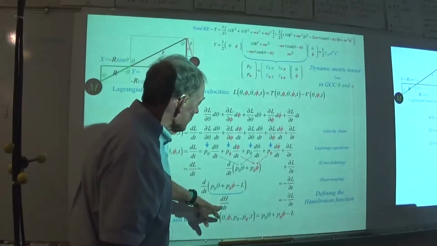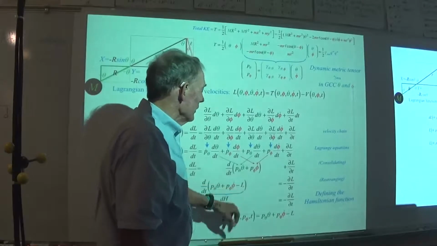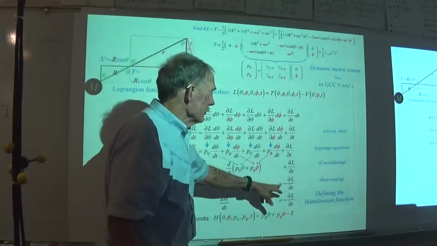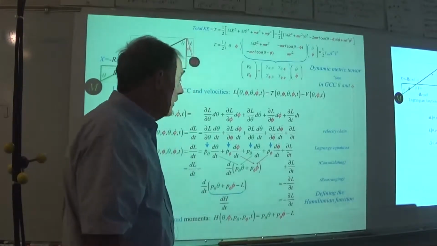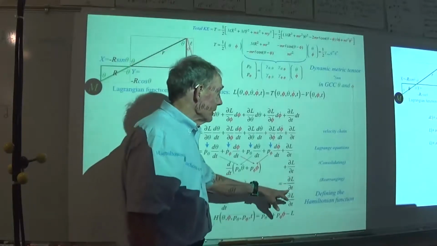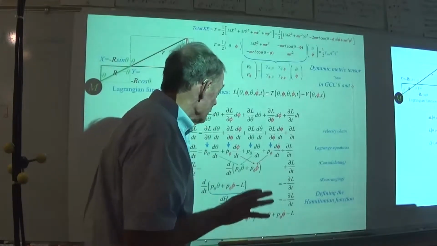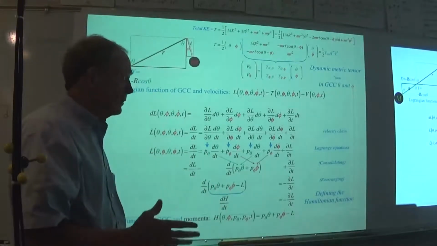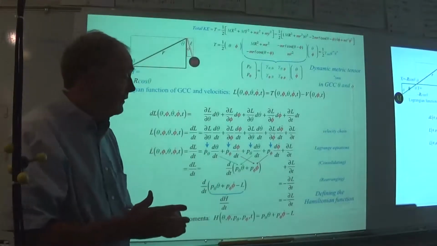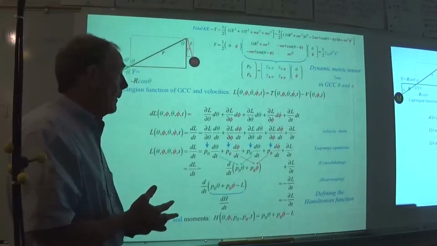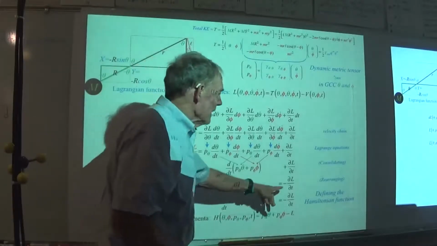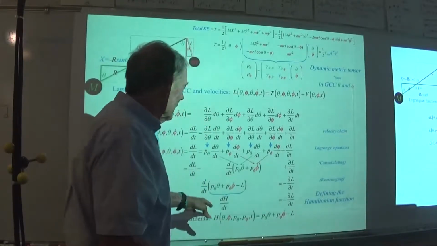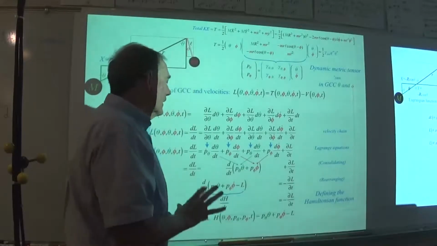So this is a total time derivative of this thing called a Hamiltonian that's equal to the negative of the partial derivative of L with respect to t. Now the geometry that we're eventually going to show, where we make the final connection here with relativity and quantum mechanics at the end of this course, will make sense of the minus sign that's here and here and all of that.